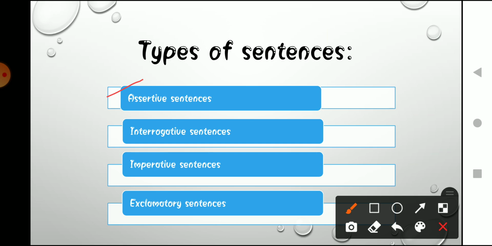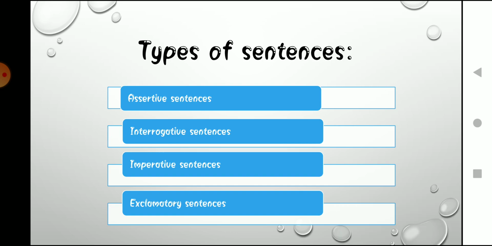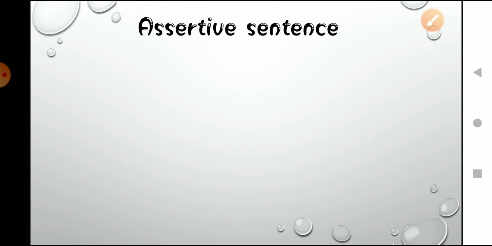The second one is interrogative sentences, the third one is imperative sentences, and the fourth one is exclamatory sentences. These are the four basic types of sentences that we are going to read in this video. So let's start with the first one, that is assertive sentences.